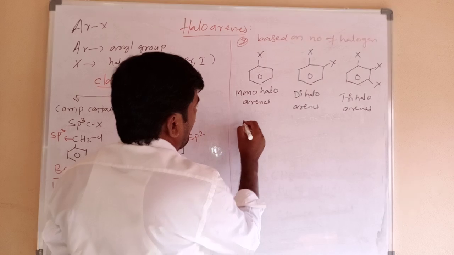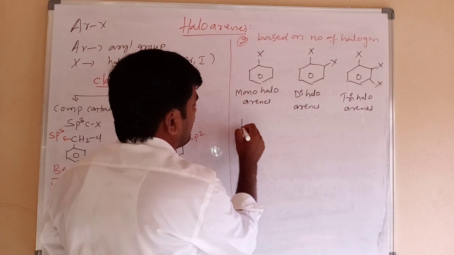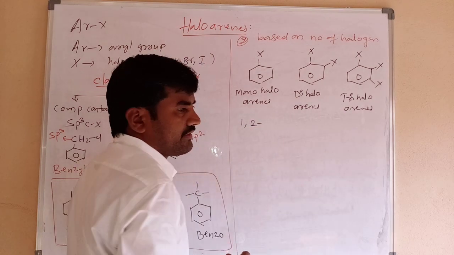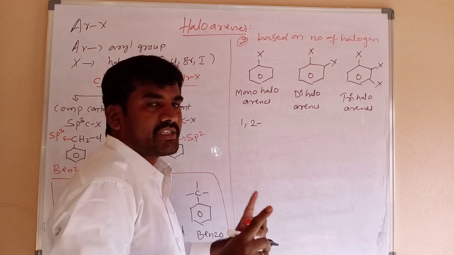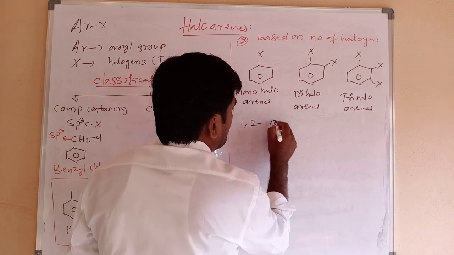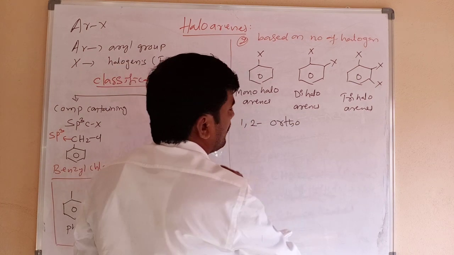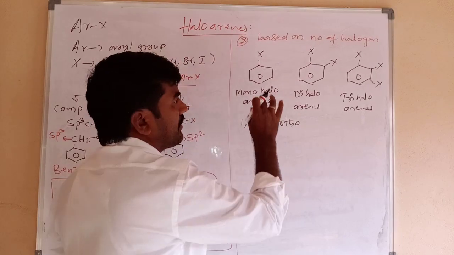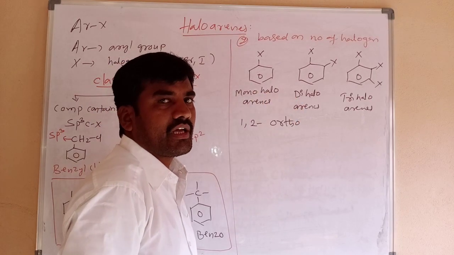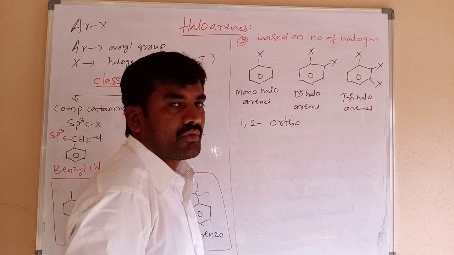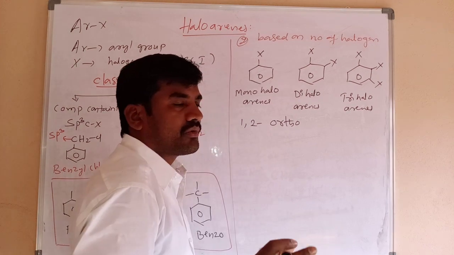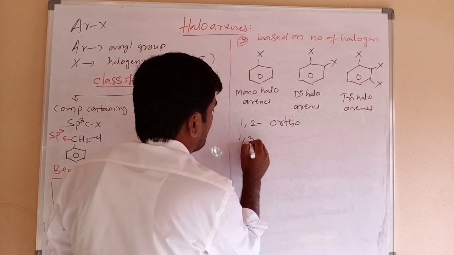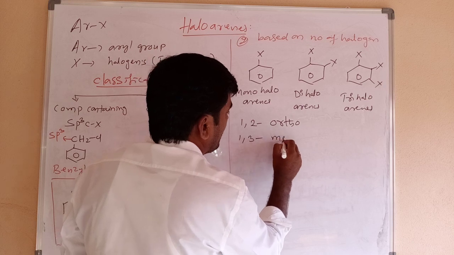For example, the halogen atoms present at 1, 2 positions. 1, 2 position means adjacent carbon atoms. This position we call ortho. For example, ortho position, two chlorine atoms are there: ortho dichlorobenzene. For example, 1, 3 position, that is called meta.